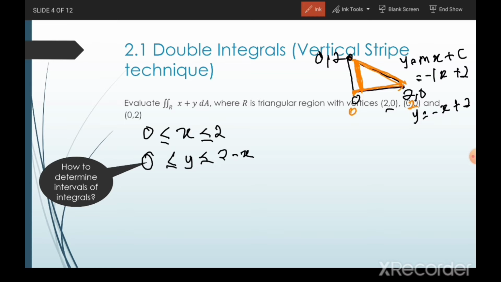Then when you get the interval, you can calculate like in the previous questions. For the integral, we can use dx dy or dy dx, it depends on vertical or horizontal.